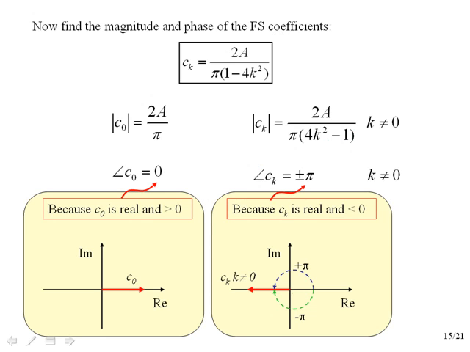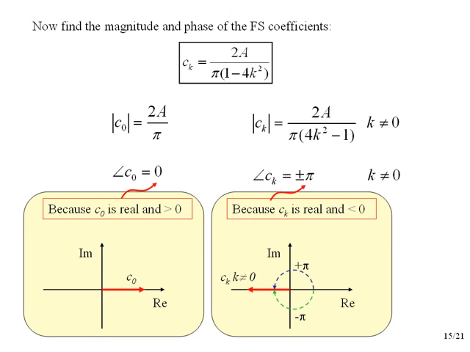Well, so now we have the c sub k's, and remember, in general, these are the coefficients for the complex exponential version of the Fourier series. So in general, the c sub k's are complex valued. So we plot these on our spectrum plots using magnitude and phase ideas, treating these things as polar form complex numbers.